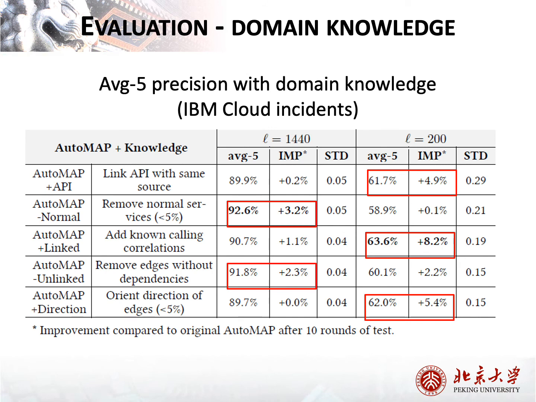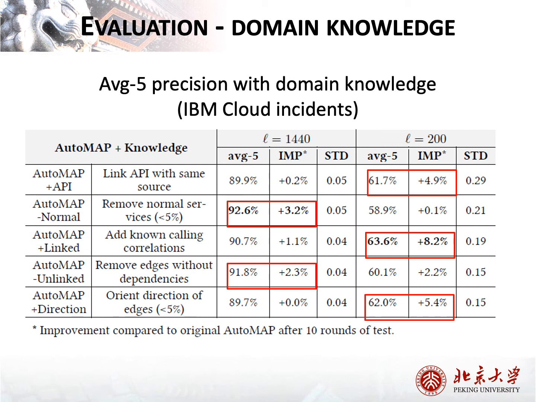Next, we discuss how AutoMAP can be augmented with domain knowledge to improve its accuracy. We proposed 5 enhancement methods using different domain knowledge in AutoMAP, and we observed the result.